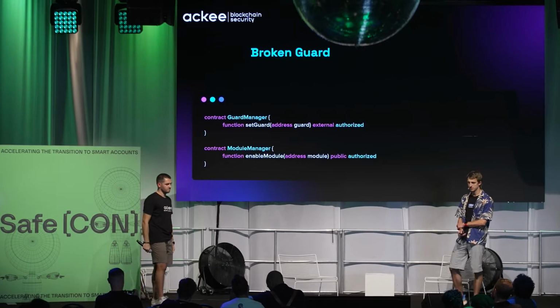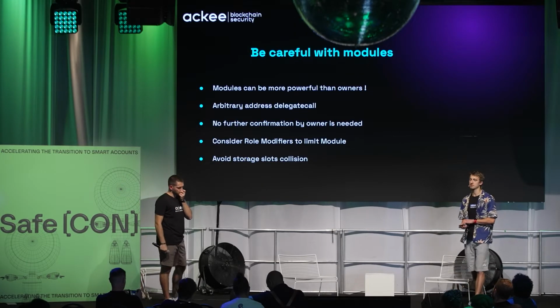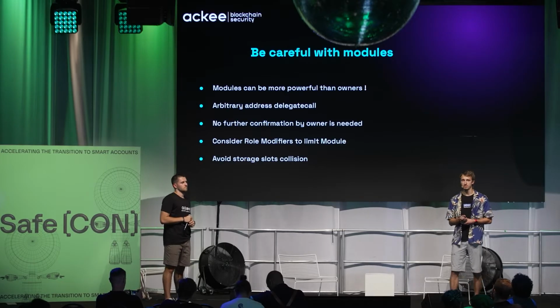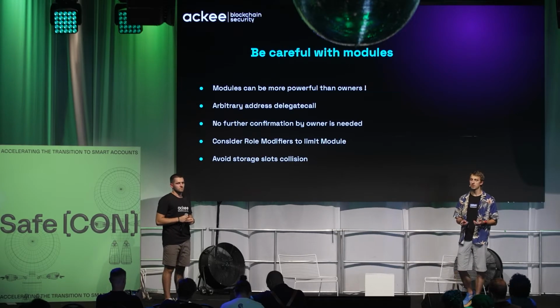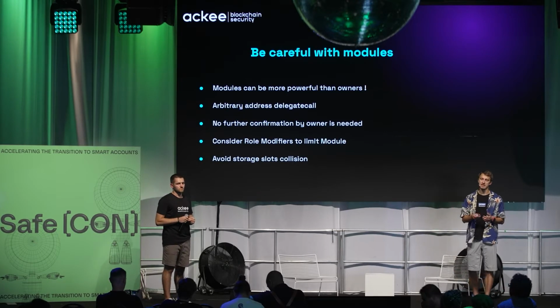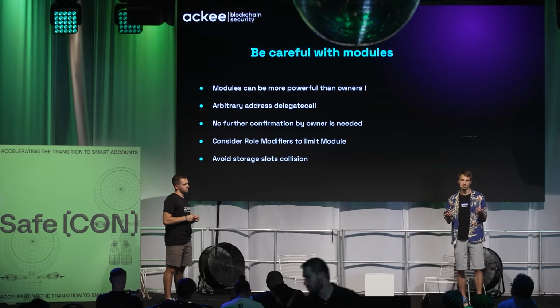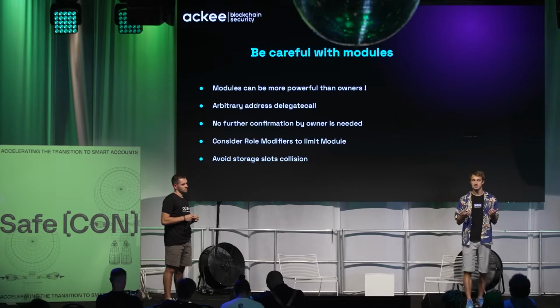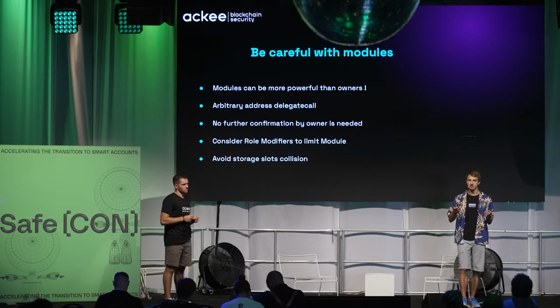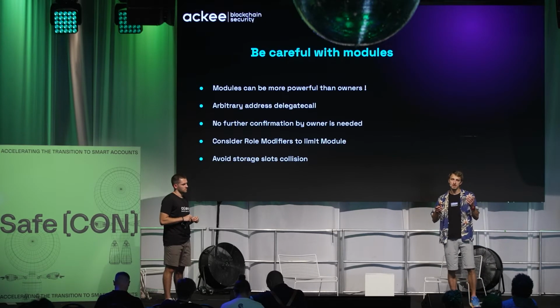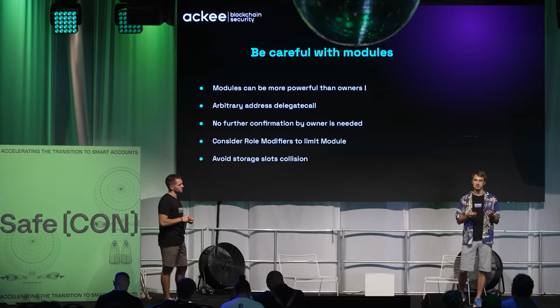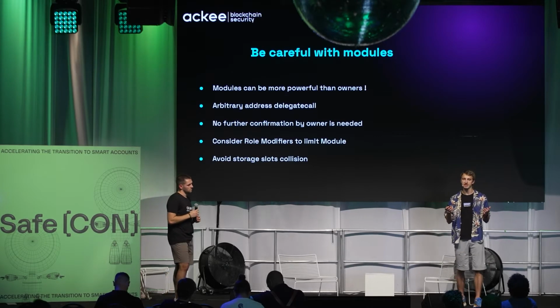Yes, exactly. So we mentioned that modules can perform calls and delegate calls on or through the Safe. And because of this, we can consider modules to be even more powerful than the owners, because in the code path through the modules, there's no signature verification.